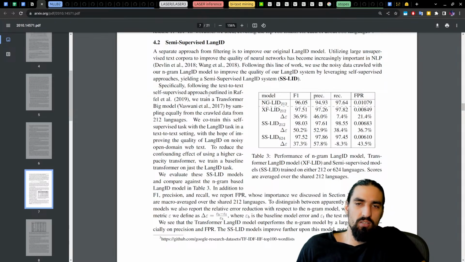So I think this is the T5 paper. We train a transformer big model by sampling equally from the crawl data. We co-train, so they do language modeling plus LangID.